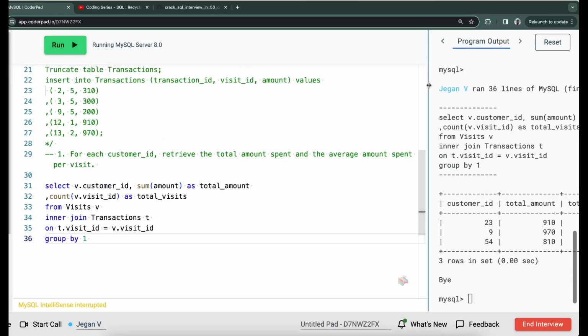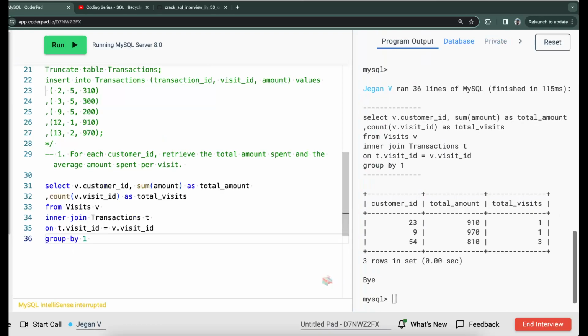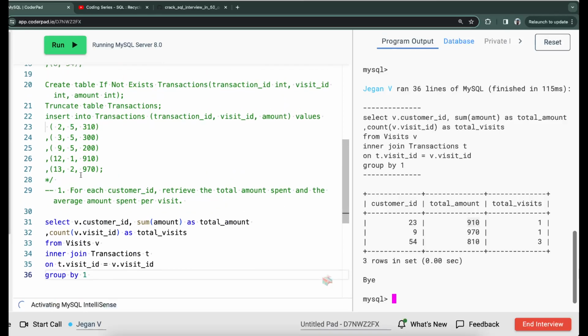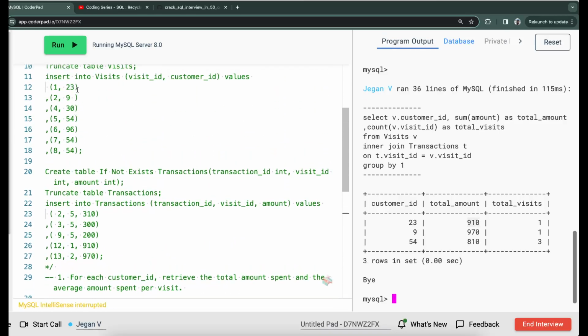Okay. Now, if you see here, we got customer 23. He spent $910. So customer 23 has transaction 1, which is here, and he got $910. It's good. Customer 9 got visit ID 2, which is here, $970.